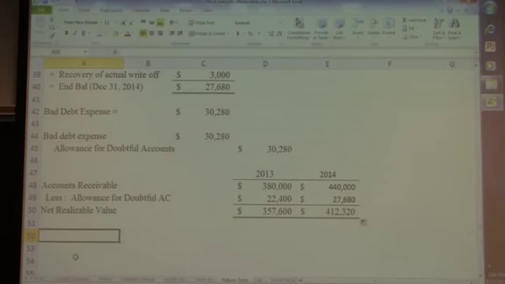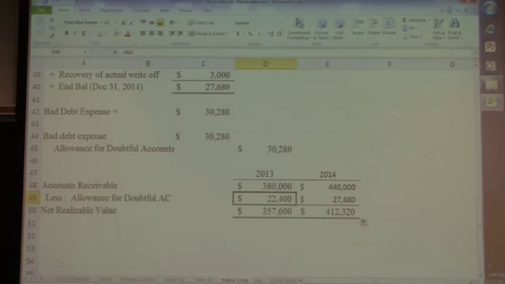And the last question they ask you is, do you think Yukon was conservative in estimating the bad debt expense? If we take a look at 2013 and 2014, in 2013 the ending allowance is a total of $22,400.